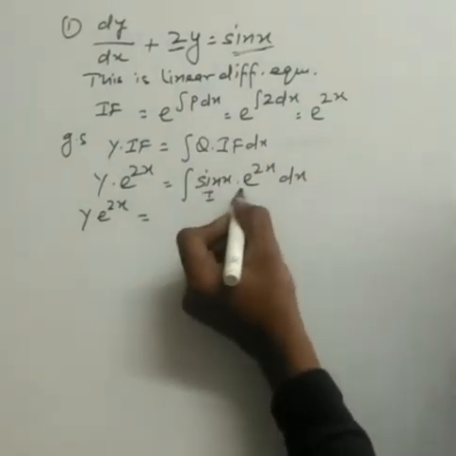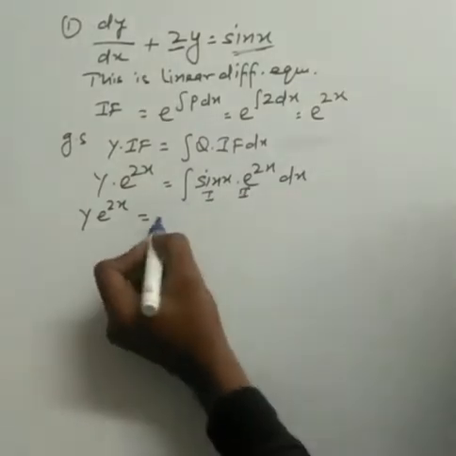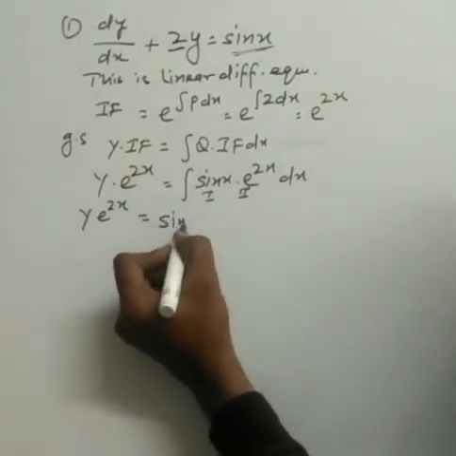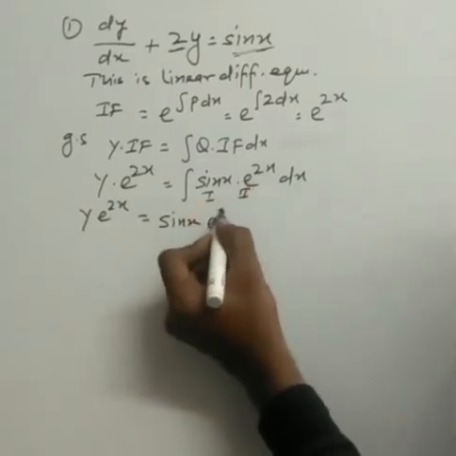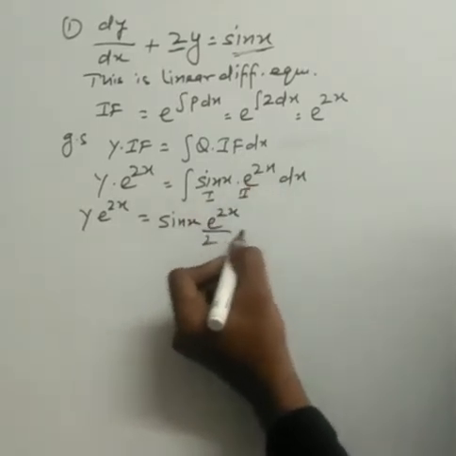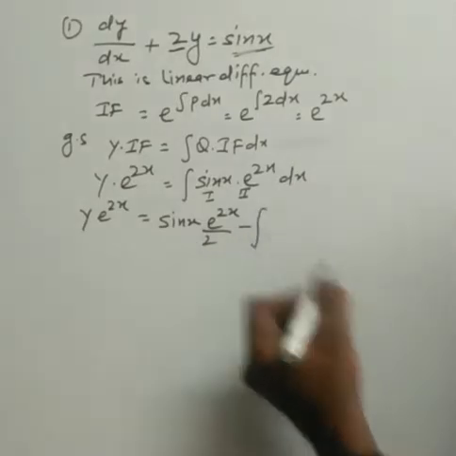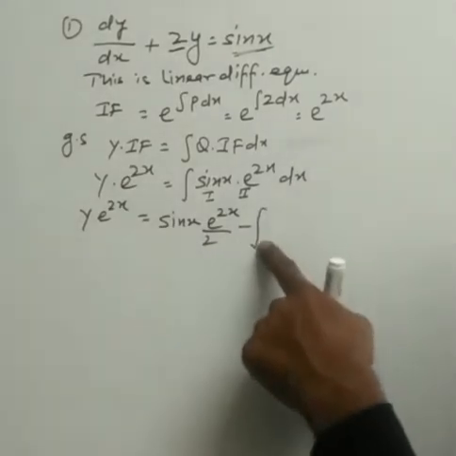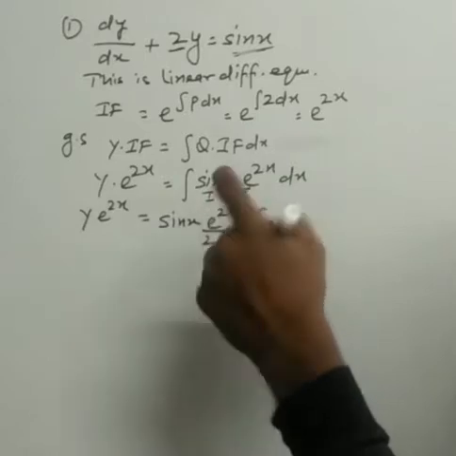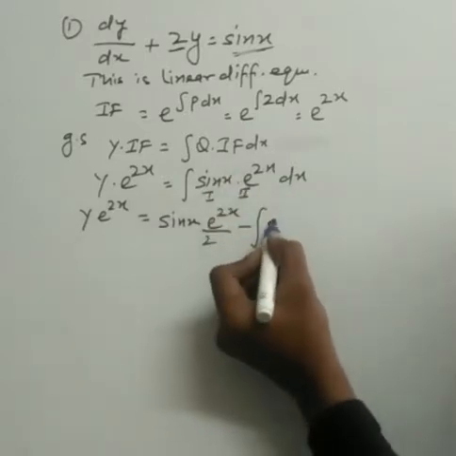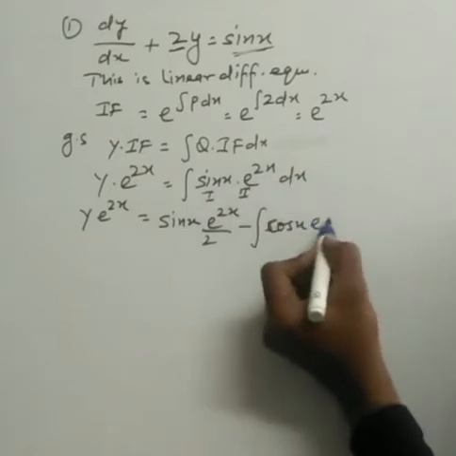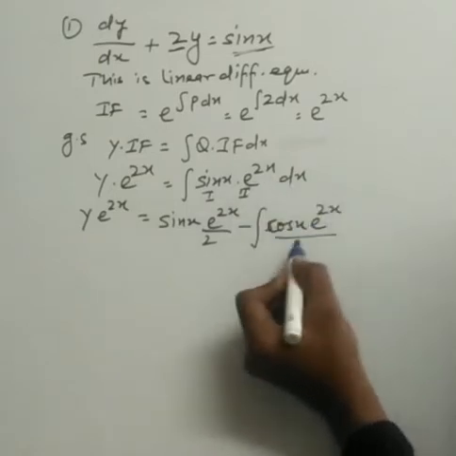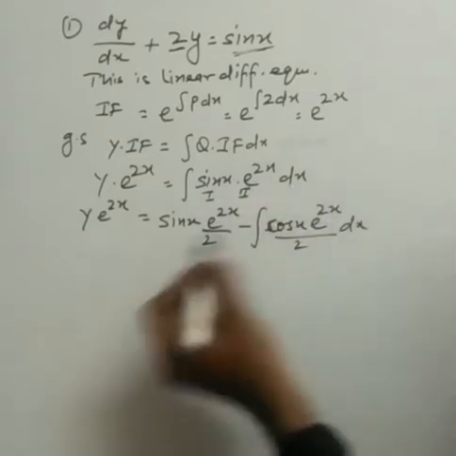This is the first function, this is the second function. Integration of the first function e power 2x is e power 2x upon 2, minus integration of d by dx of sin x, which is cos x, times integration of e power 2x, that is e power 2x upon 2, dx.